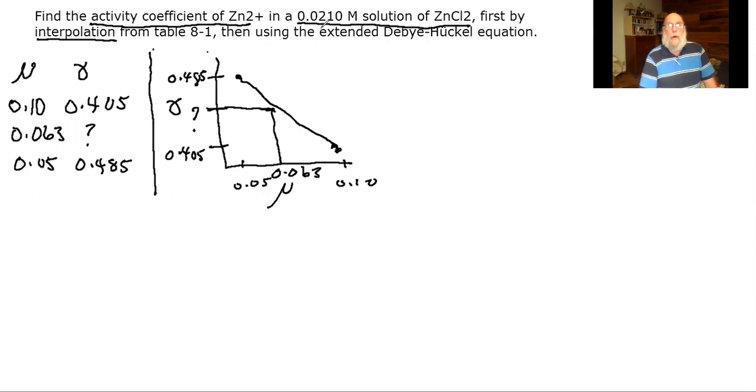So we start with this 0.021 molar solution of zinc chloride. That's a 2-to-1 salt, and that means the ionic strength is 3 times the molarity. So there's our molarity. We know from the table the gammas, the activity coefficient values for 0.1 molar and for 0.05 molar.